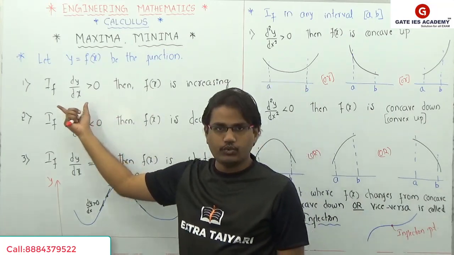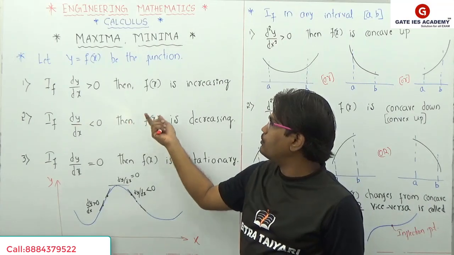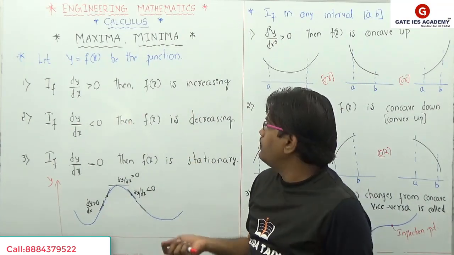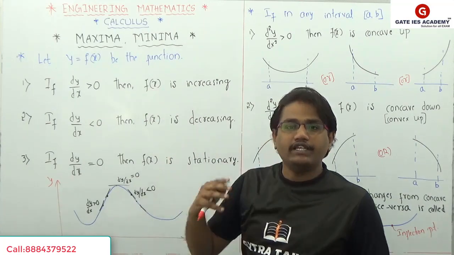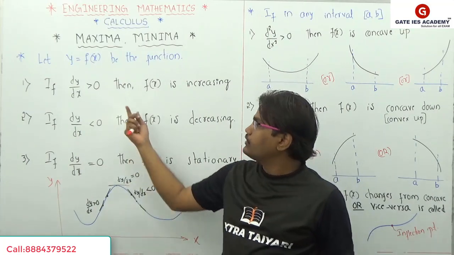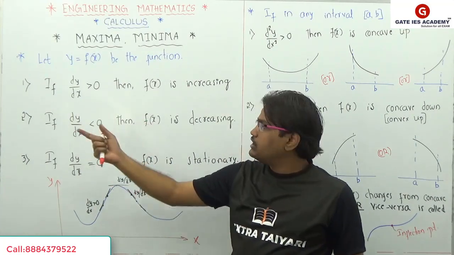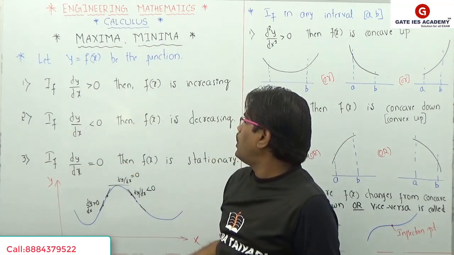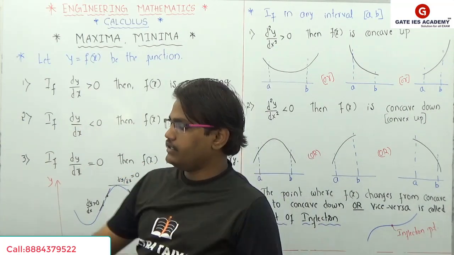If it is greater than 0, meaning positive slope, then f of x is known as an increasing function, or f of x is increasing in that interval or at that point. So wherever there is a positive slope, how does a positive slope look?